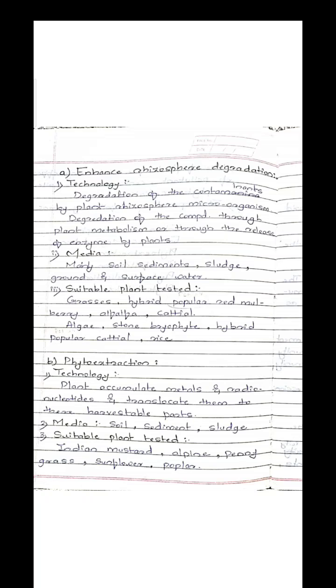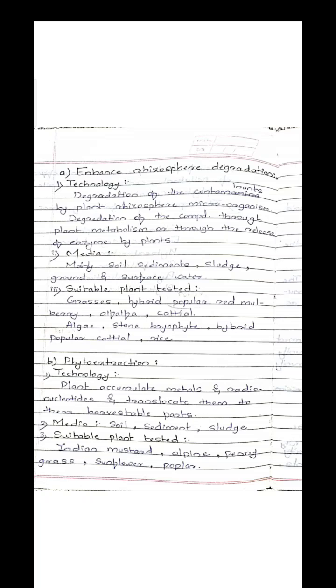Then the second method is phytoextraction. What is exactly happening in phytoextraction? These plants accumulate metals and radionuclides and translocate them into the harvestable parts. The media are mostly soils, sediments and sludges.